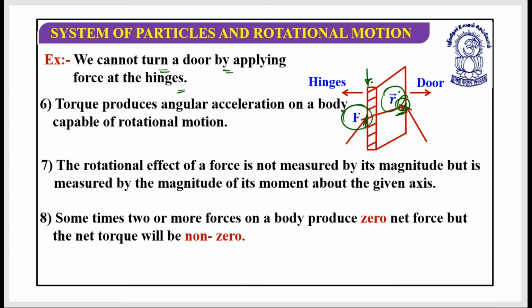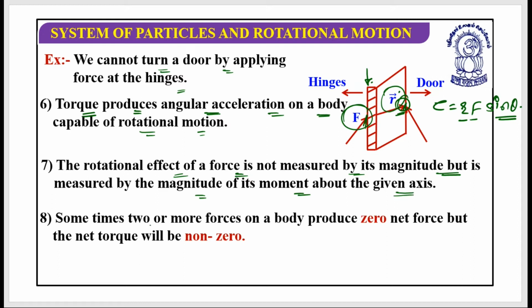So when torque is equal to rF sine theta, if theta is 90 degrees, torque would be maximum, which is rF, that we have seen. One more thing, torque produces angular acceleration on a body that is capable of rotational motion, and the rotational effect of a force is not measured by its magnitude, but by the magnitude of its moment about the given axis.